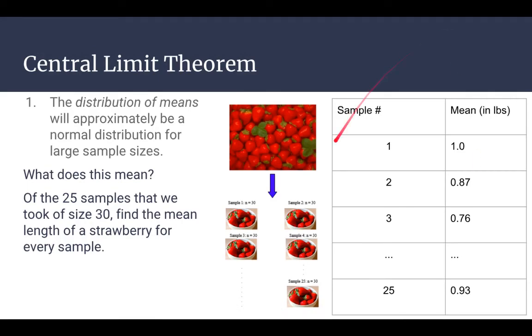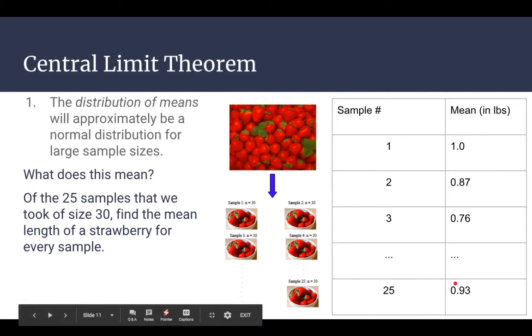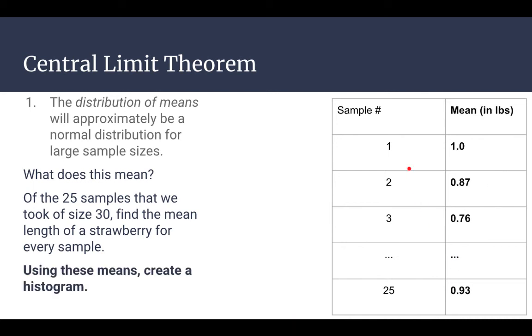So instead of saying draw, I'm just going to say the sample that these means came from. So then using these means, I can create a histogram for our data. So let's say that the histogram of the mean weight for the strawberries looks like this.